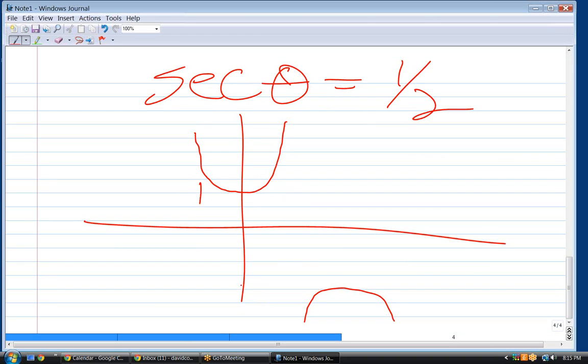And that's 1, and that's -1. So you'll never see a secant of an angle being in between 1 and -1. Secants of angles would be equal to maybe 2, or infinity, or a billion, but never 1/2, or never 1/4, or never 0. Okay.